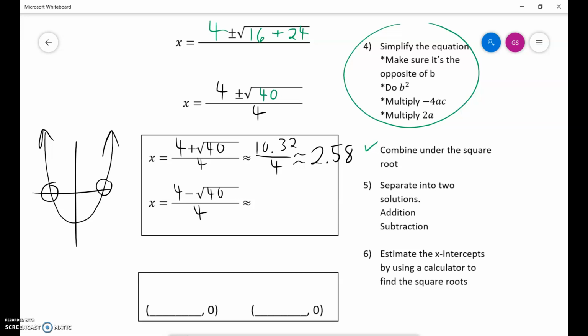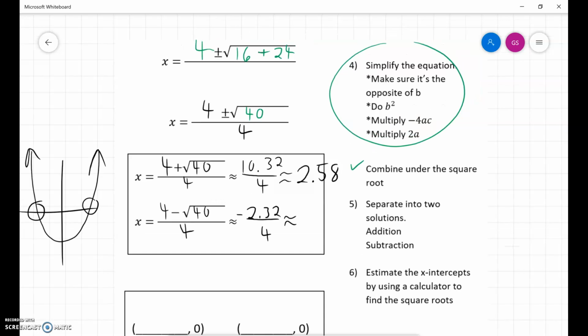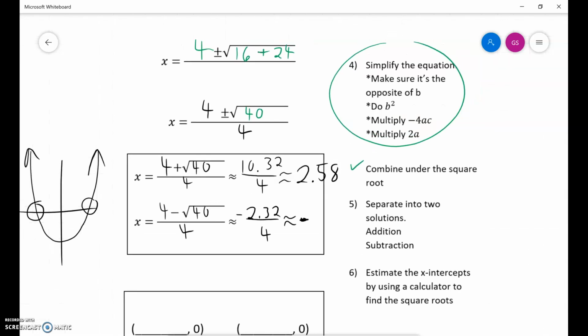The other solution is going to be 4 minus the square root of 40, which is about negative 2.32 over 4. Then I'm going to divide that by 4. I get about negative 0.58.